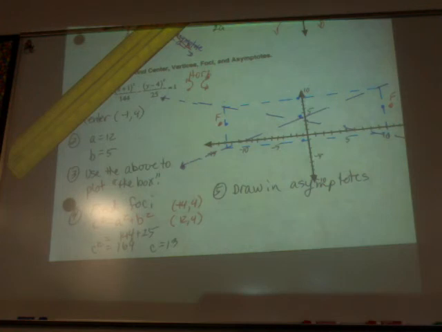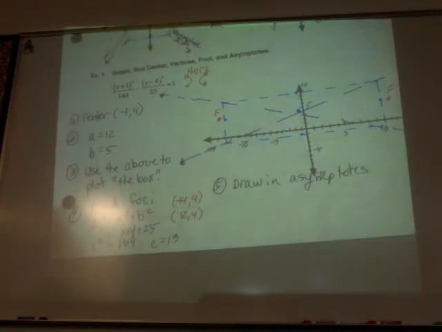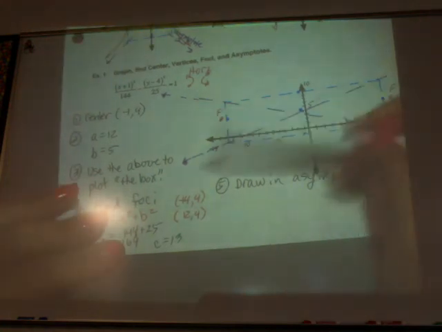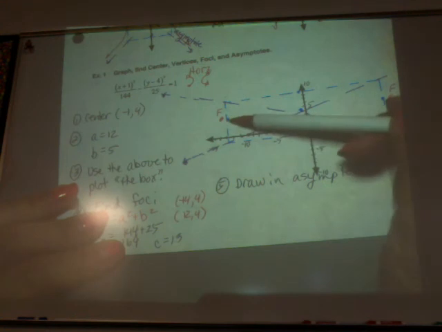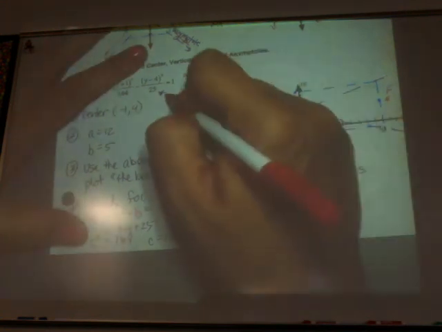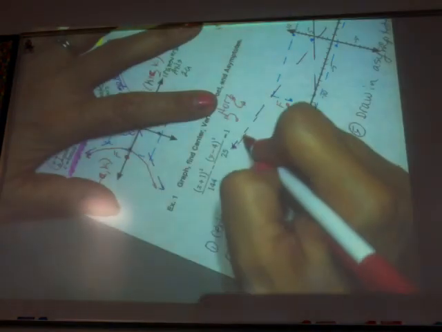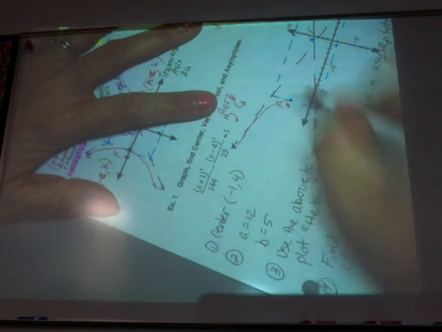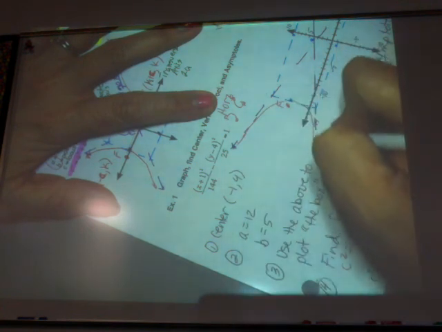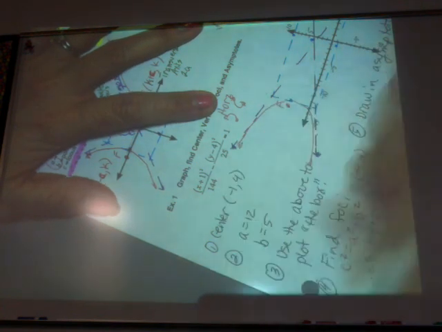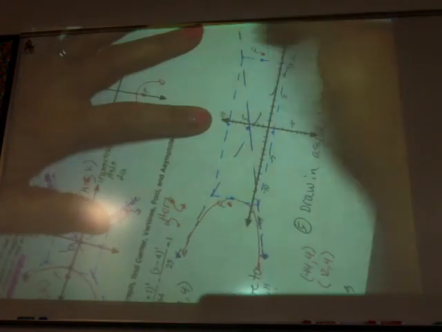The other thing that you have to be worried about is that you make sure when you draw your branches that you don't hit the focus, that you hit this vertex, so to speak. So then go ahead and draw them in. These are real fun for me to do, especially when they're super skinny. Okay, and then draw this one in.